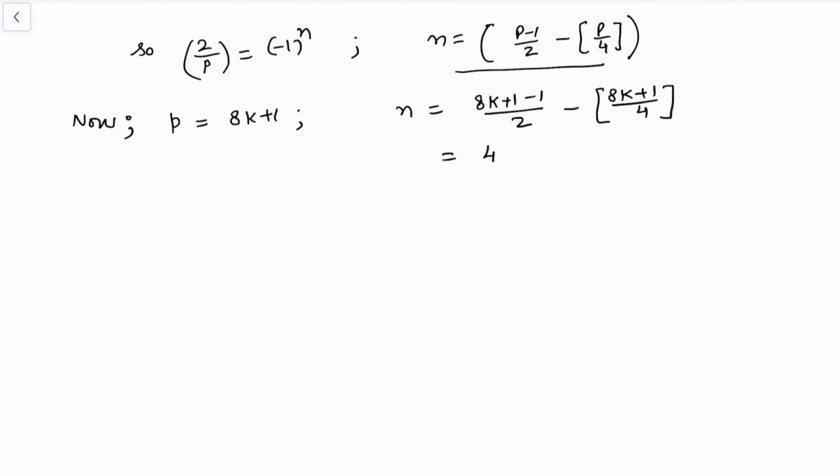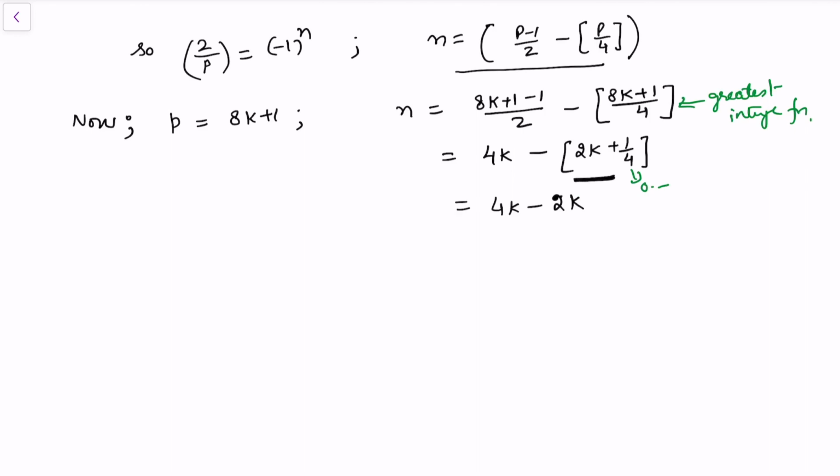The first quantity becomes 4k, and the second becomes the greatest integer of 2k plus 1 by 4. Here 1 by 4 gives a value of almost 0 point something, so the greatest integer part is only 2k. So this whole quantity is simply 4k minus 2k, which we write as 2k.